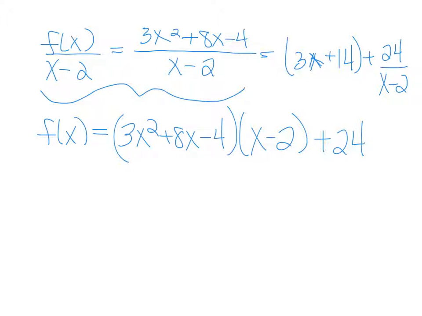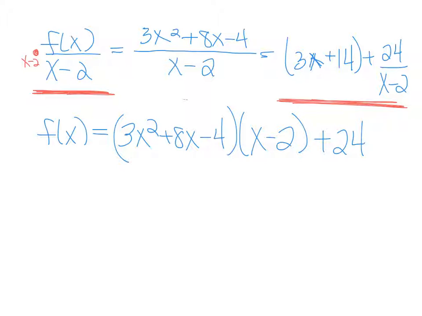Okay, hold on a second. We're multiplying both sides of this by x minus 2. So multiply that times x minus 2 and multiply this side, all of it, by x minus 2. Okay, that's what cancels out that one.